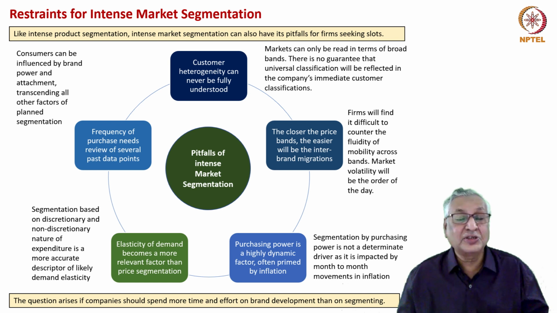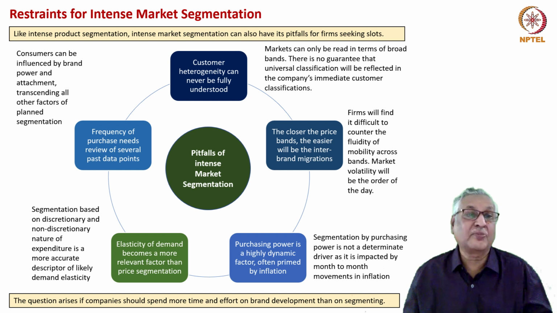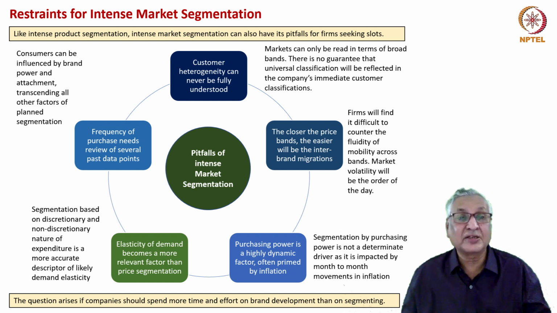Frequency of purchase needs review of several past data points. Whenever you have a festival, there is a higher demand spike. When you have seasonality of rains, summers, winters, etc., you have certain demand spikes. So we need to understand what is a stable demand and what is a surge demand. Overlapping all of that is the brand power and attachment which the company's products and brands have.